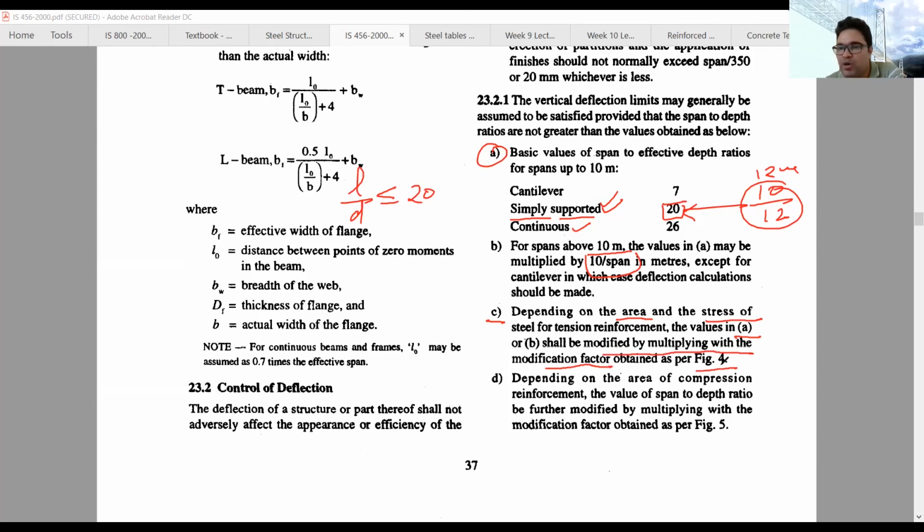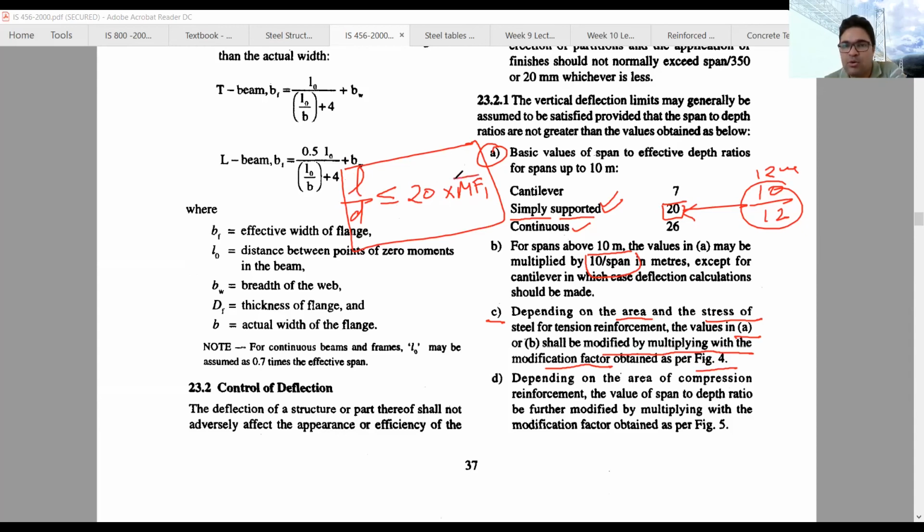So IS code has provided figure 4. I am writing here the modification factor as MF1. So this becomes the equation. If this equation is satisfied, then we say the beam is safe in deflection. So this ratio L by D should be less than or equal to 20 times MF1.